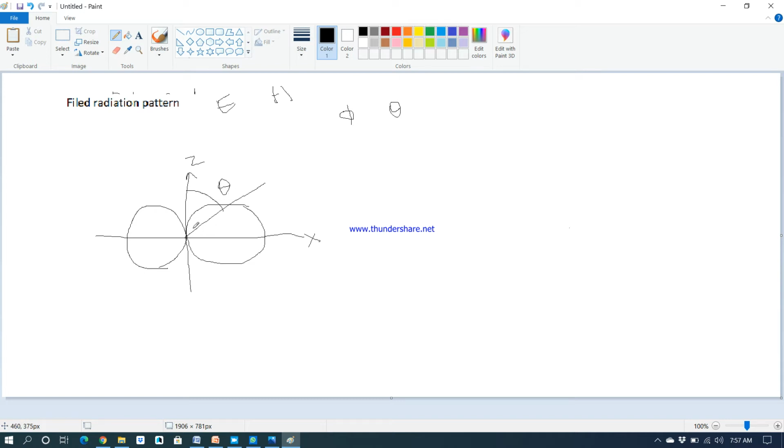Here theta is varying and phi is constant. So this is called an E plane pattern.